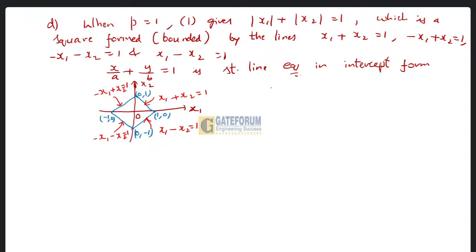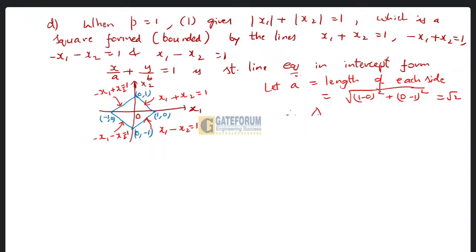So let a be the length of each side. Using the distance formula: 1 minus 0 whole square plus 0 minus 1 whole square is equal to root 2.